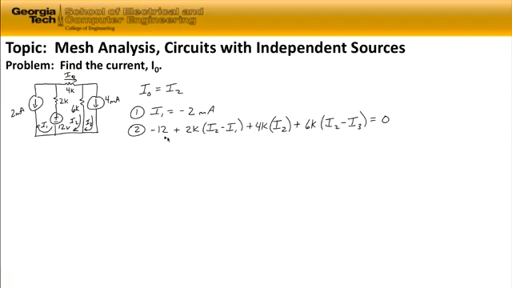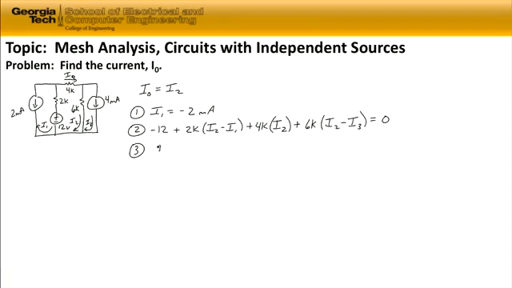So now we have an equation which has 3 unknowns in it. We have a first equation where one of those unknowns is found for us by using our circuit analysis skills. And so we're going to look at loop 3 next. And again, just like loop 1, we notice that loop 3 gives us the loop current directly.